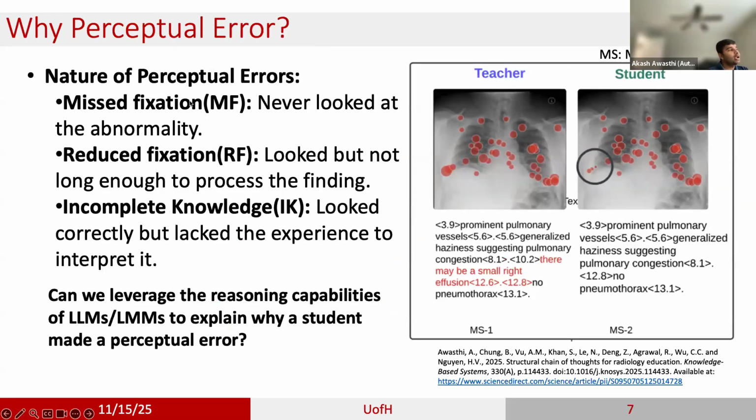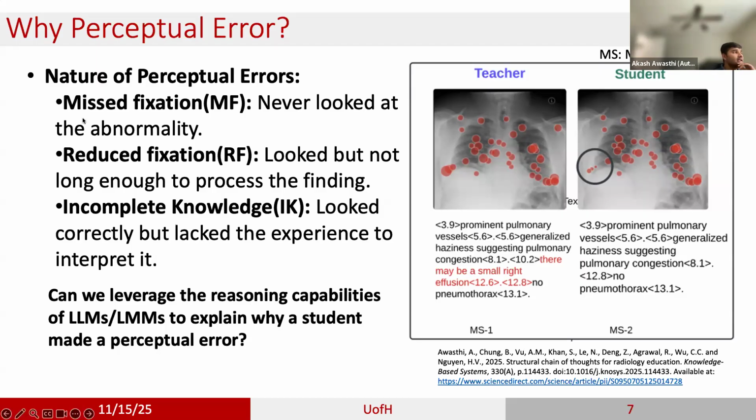So why do perceptual errors happen? There are many reasons for perceptual errors. They can be imaging based, but these are the few important reasons we found by talking with the radiologists at MD Anderson Cancer Center, and also in the literature.